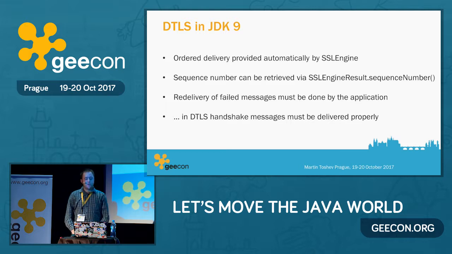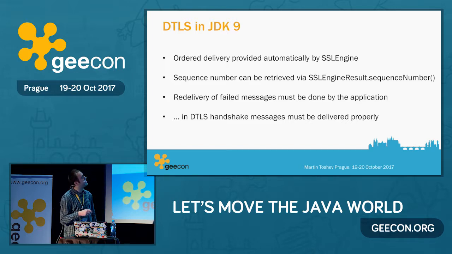In JDK 9, however, the SSLEngine provides automatic ordering of the packets. So during the initial handshake in DTLS, you need to make sure that the handshake messages are exchanged reliably, even though they're exchanged over UDP. And for that reason, the SSLEngine provides automatic reordering of messages.